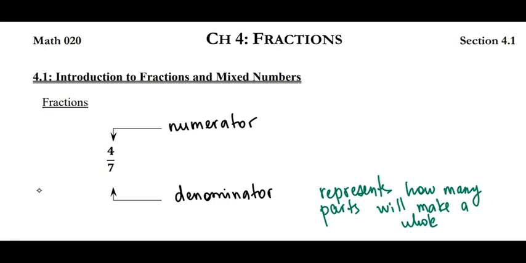So in this case, we have 7 parts. So we had some kind of a whole number or a whole entity, divided into 7 parts. That's the denominator. The numerator is what part of the whole that we are using.